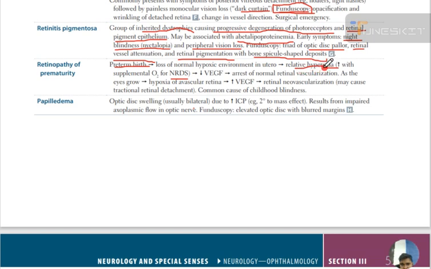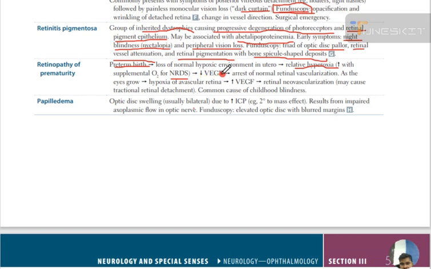You can see the change from hypoxic to hyperoxic condition. So there is abrupt proliferation of the vessels in the retina, causing retinopathy of prematurity.